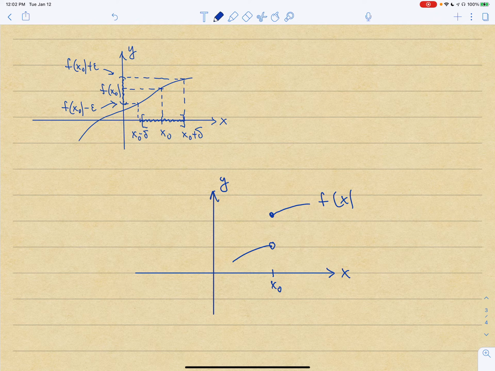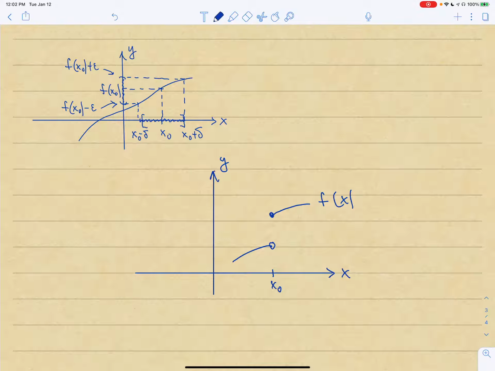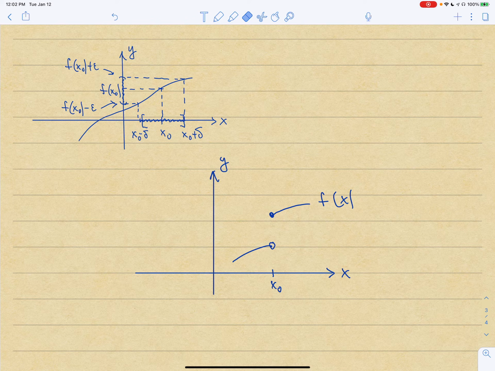Well, would the same construction work here? Okay, let's pick the number epsilon. Let's take f of x0. And I'm going to allow myself to go by distance epsilon from the point f of x0 along the y-axis, right?